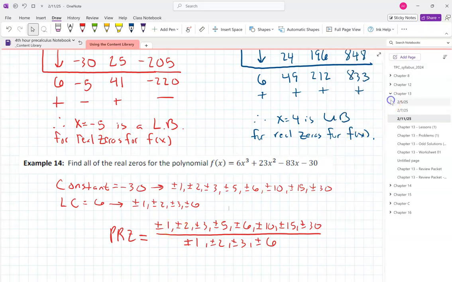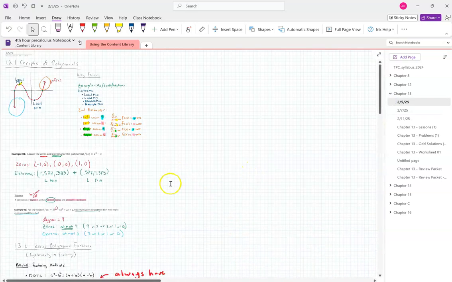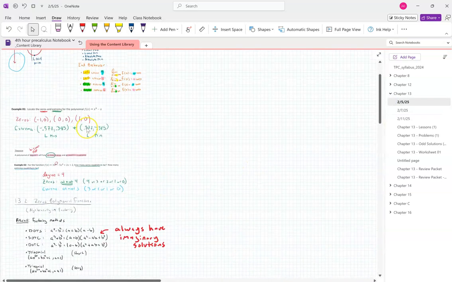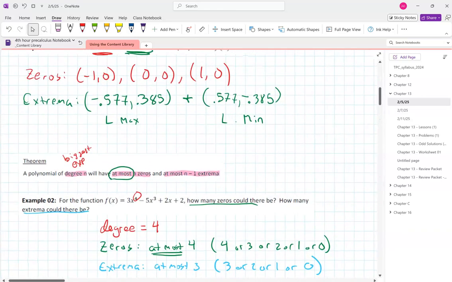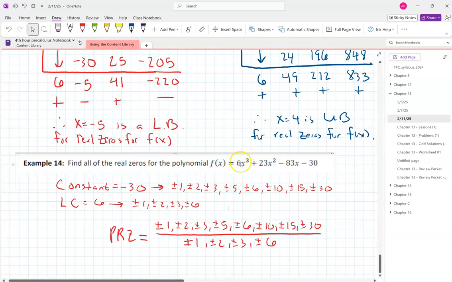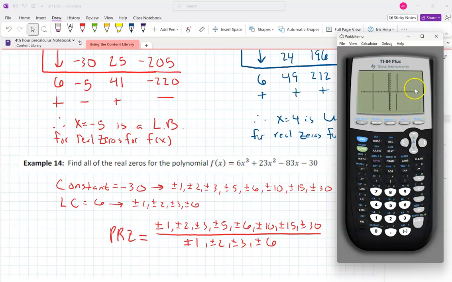And I remember from last section that our polynomial has at most as many zeros as its degree. So our polynomial is degree 3, so we should be seeing at most 3 zeros. If I can see all 3 of them, I know I found absolutely every possible one of them. So I know this is everything that I need to be looking for.